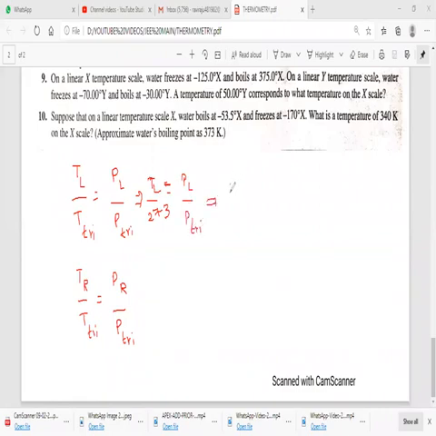From this equation, temperature on the left side is nothing but 273 into pressure on the left side by pressure at the triple point. In the same way, here also you can write the equation: temperature on the right side is nothing but 273 into pressure on the right side by pressure at the triple point.